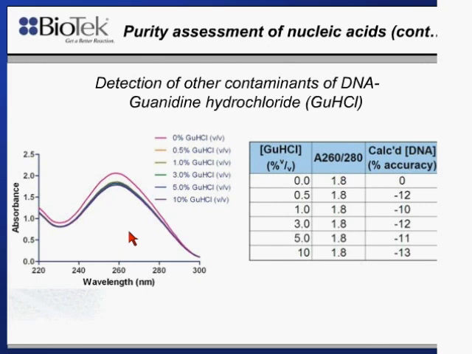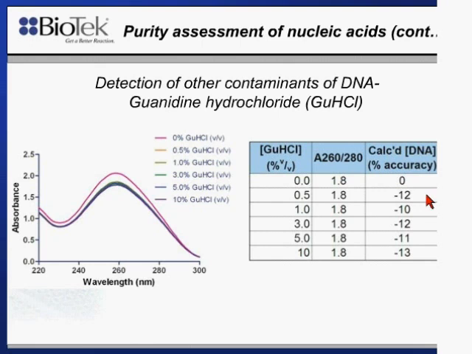And what you can see is that it only takes a very little bit of contamination here to throw off this absorbance reading quite a bit. And then again, if we take a look at the accuracy calculated, you'll see that at 0.5% we're already looking at a minus 12% accuracy. So in this case, we'd be underestimating the amount of DNA in our sample by about 12%.